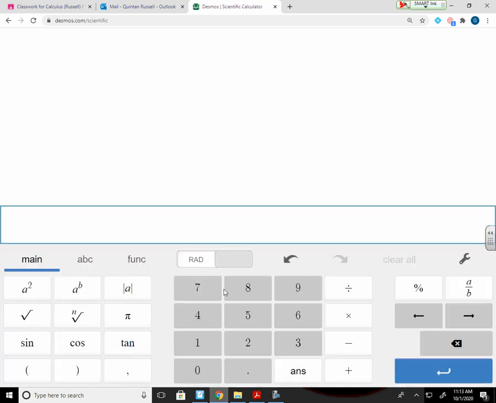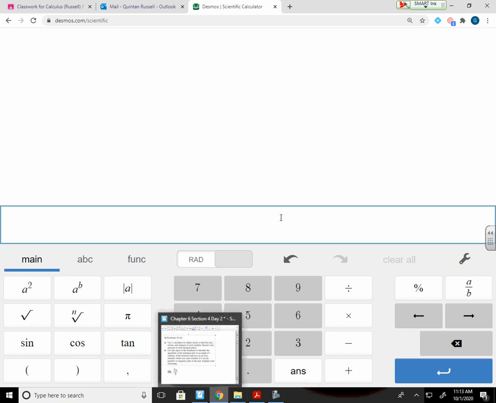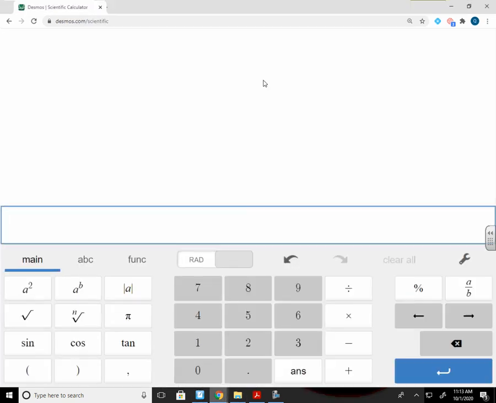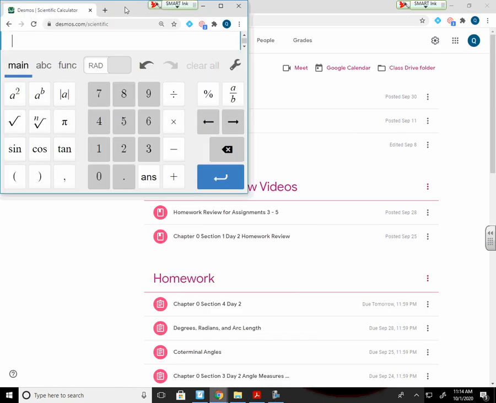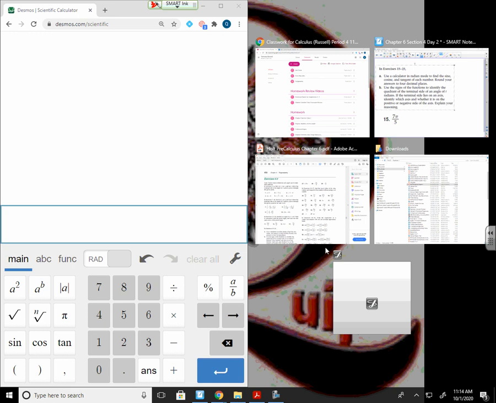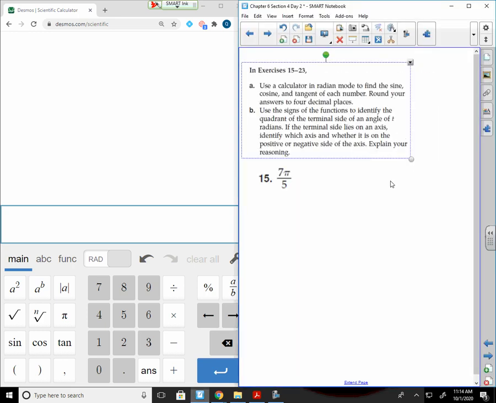Flip that to radians mode, and now we are in business. Okay, it says we need to find sine, cosine, and tangent of each number.